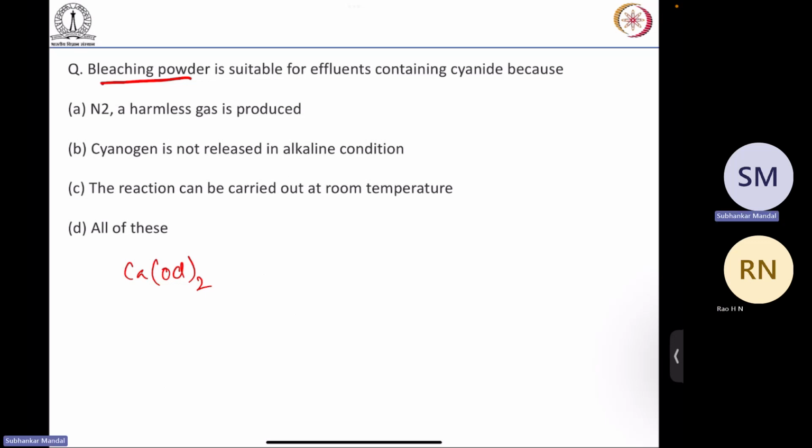So bleaching powder is suitable for effluent containing cyanide because cyanide is harmful for our body. So for effluents containing cyanide, bleaching powder is used. Why do we have to use bleaching powder?